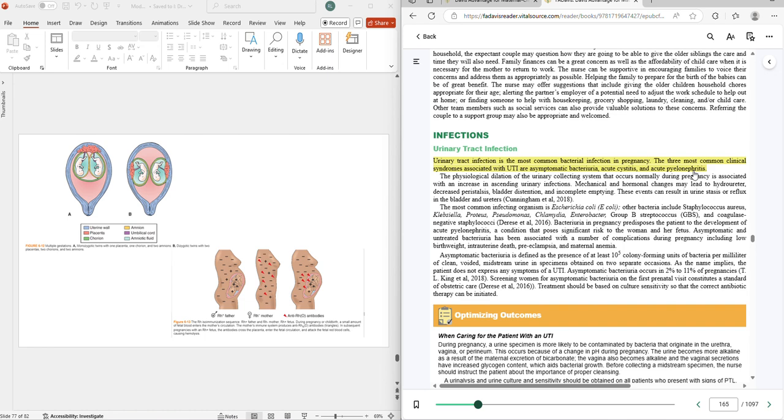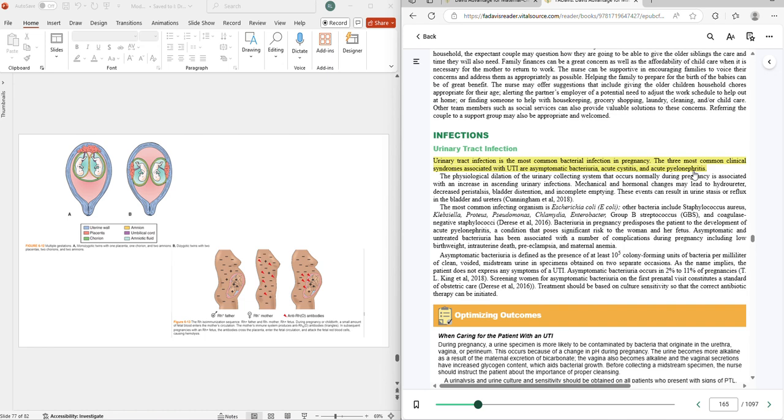Number 2, monitor the output. Number 3, monitor for contractions. And number 4, administer ceftriaxone, which is Rocephin, okay? Ceftriaxone is C-E-F-T-R-I-A-X-O-N-E, and that is Rocephin, okay?